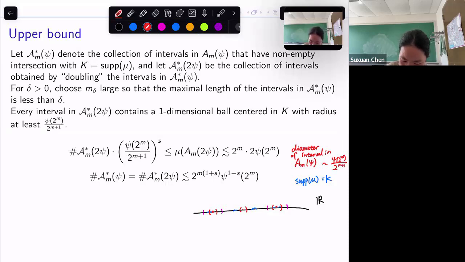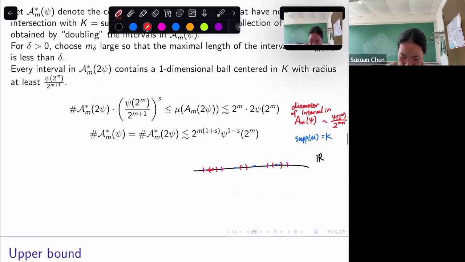So if we double them, and here they have an intersection already, they will contain a one-dimensional ball centered in K with radius at least psi 2 to the m over 2 to the m plus 1.